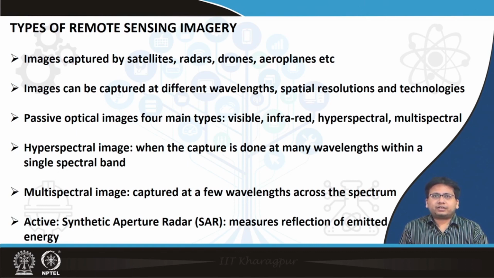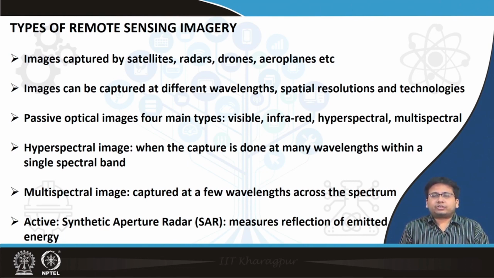A hyperspectral image is an image where the capturing is done at many wavelengths, or a series of wavelengths, within a single spectral band. Let us say the entire spectrum can be divided into several blocks, and we focus on one particular block. Within that block many wavelengths are possible.